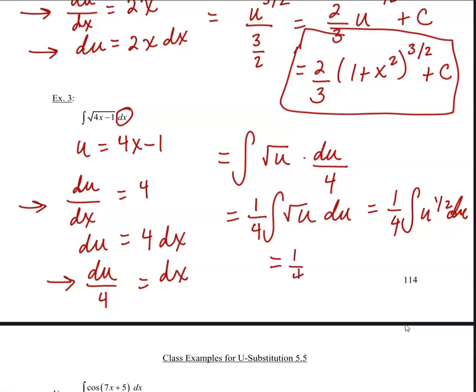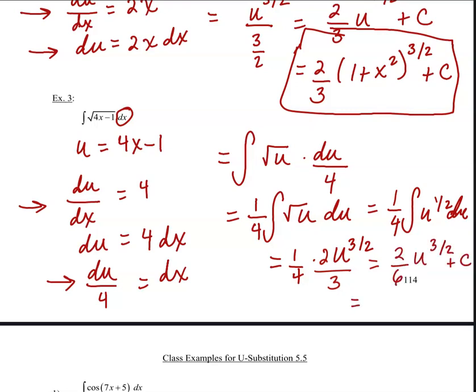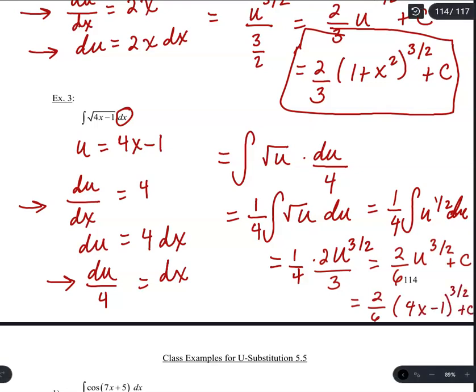So I get 1/4 times u to the 3/2 over 3/2, which becomes 2/3. If you want to simplify this, you can, but you don't have to. This will be 2 over 6 times u to the 3/2 plus c. Then finally just replace u with what we substituted in the first place, which was 4x minus 1, to the 3/2 plus c. And that is the antiderivative for the original problem we started with.